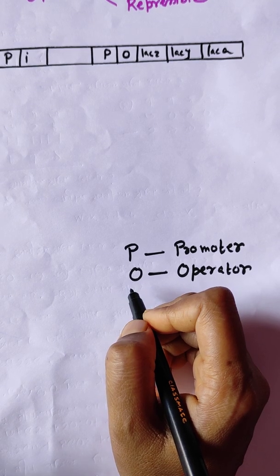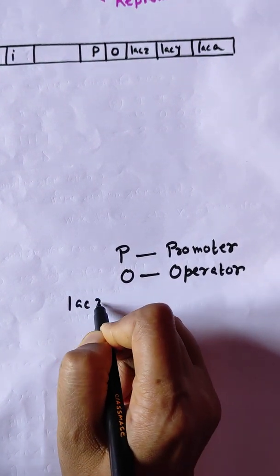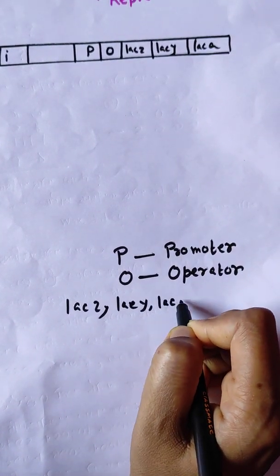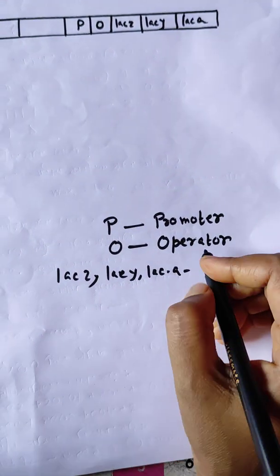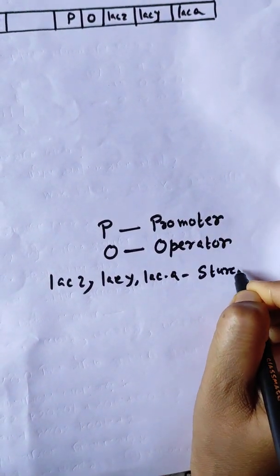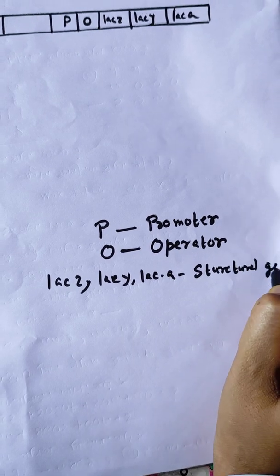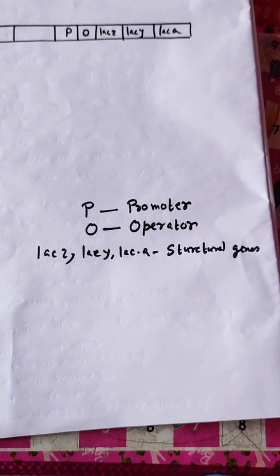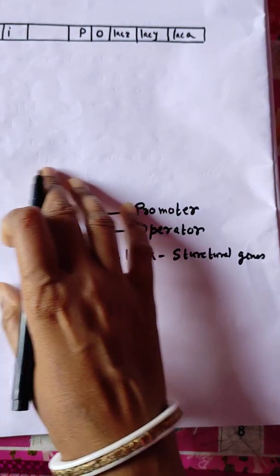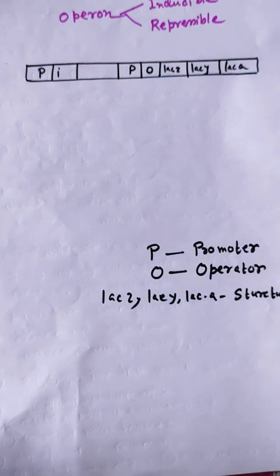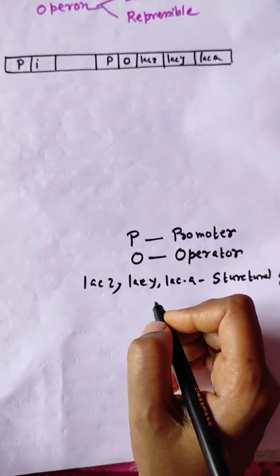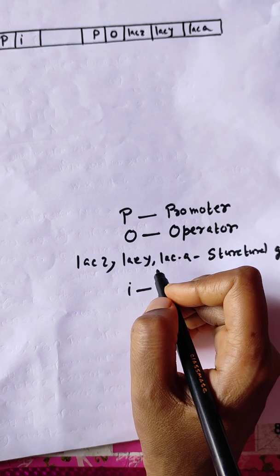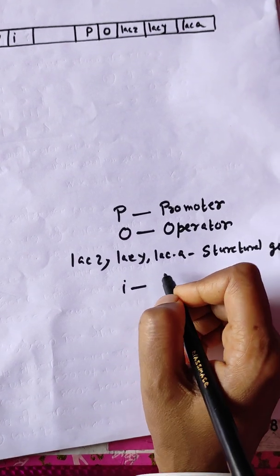Lac Z, Y and A are structural genes. I represents a regulatory gene.